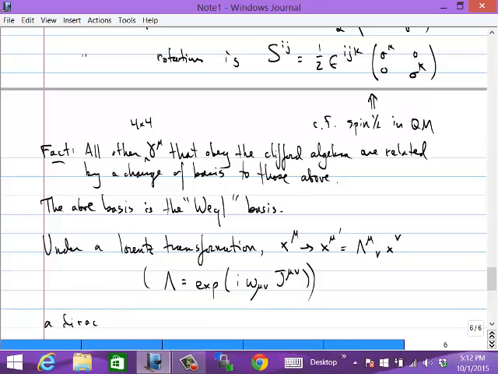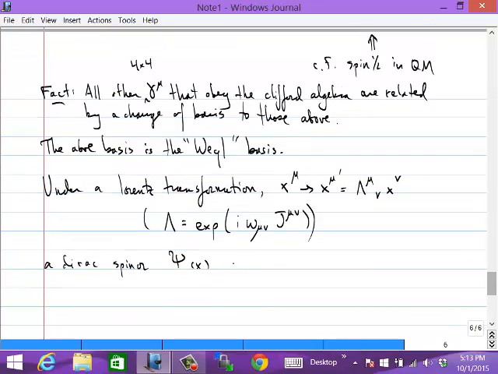Well, our spinor is a field, so it's a set of 4 components, each of which is a function of space-time, and it transforms to some 4 by 4 matrix times the spinor, evaluated now at the point x prime rather than x.